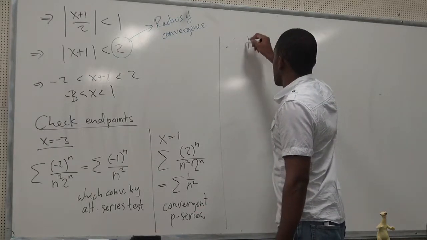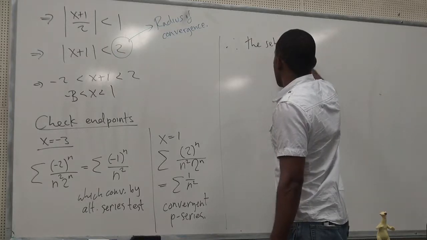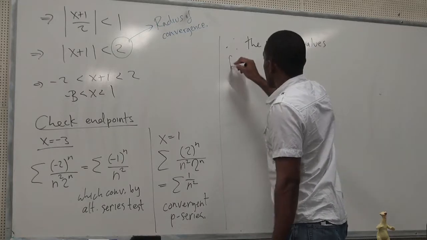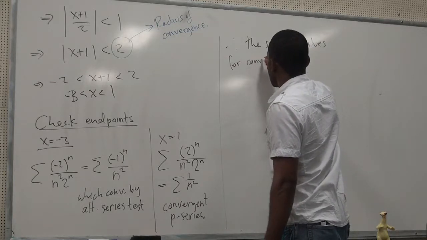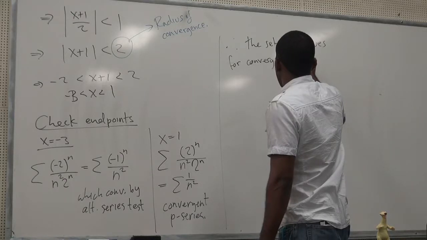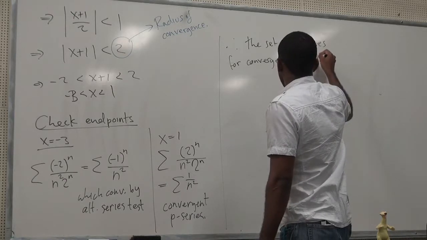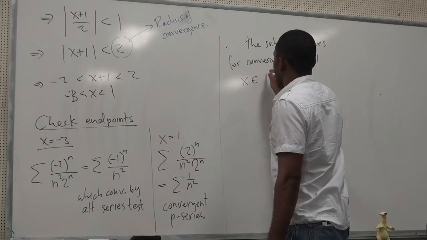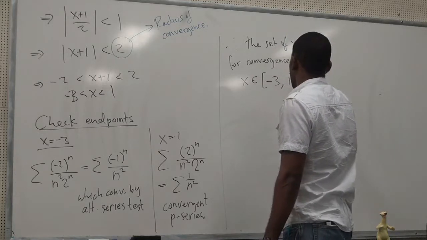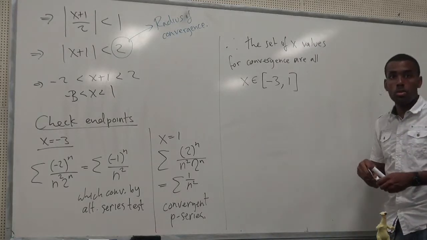Therefore, the set of x values for convergence takes everything in the closed interval; it will work.